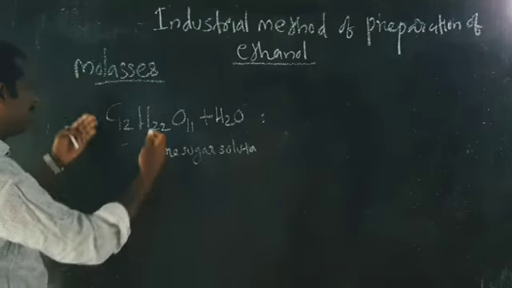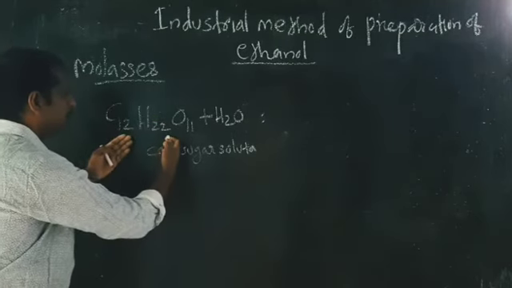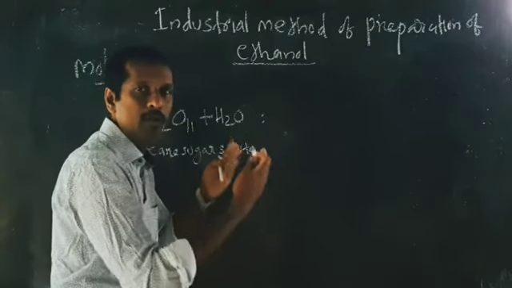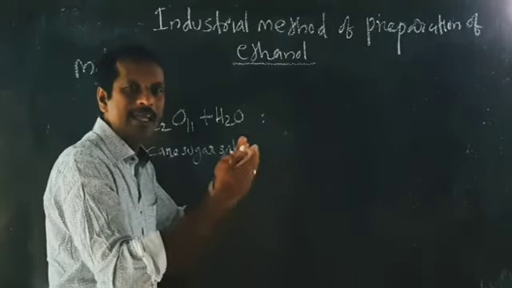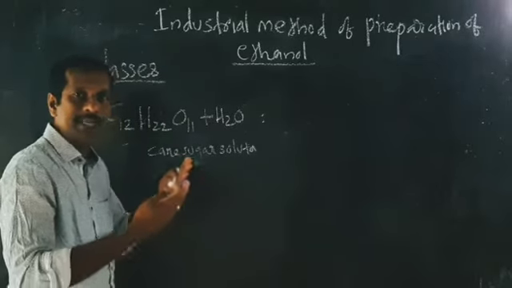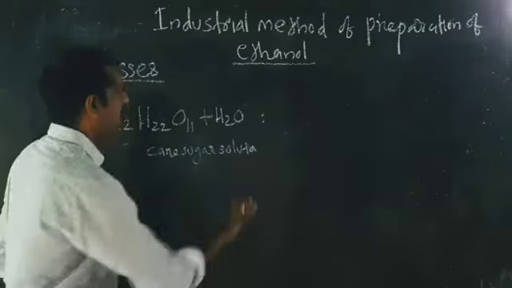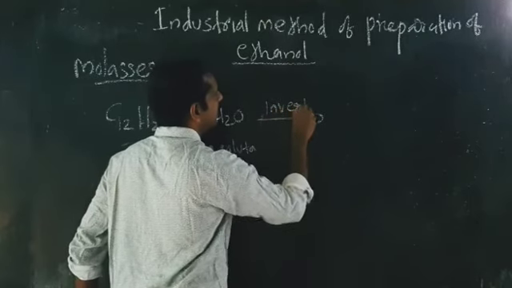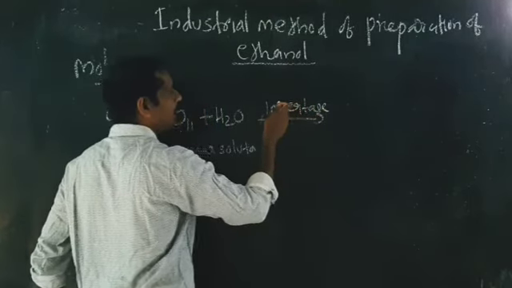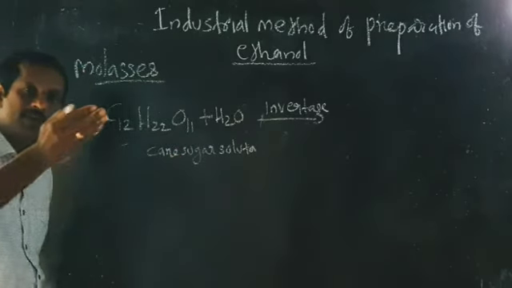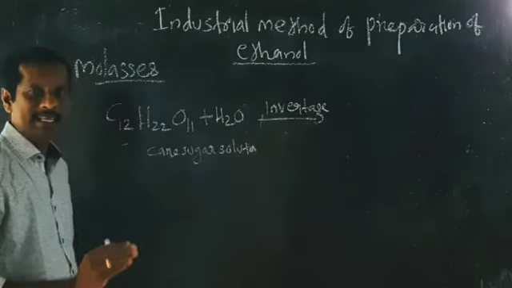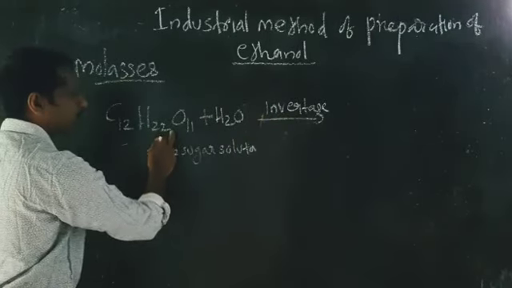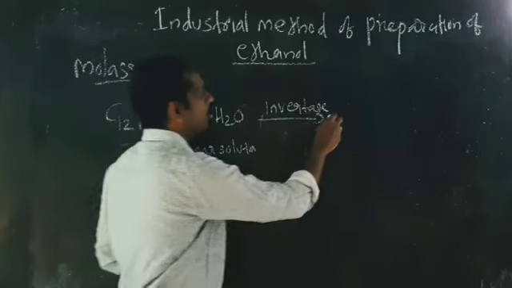In the first step, the cane sugar solution is converted into glucose and fructose by the action of the enzyme invertase present in the yeast.